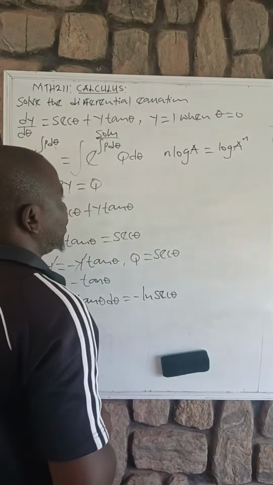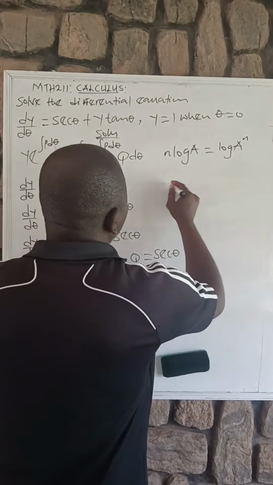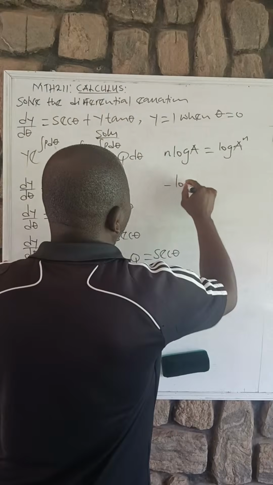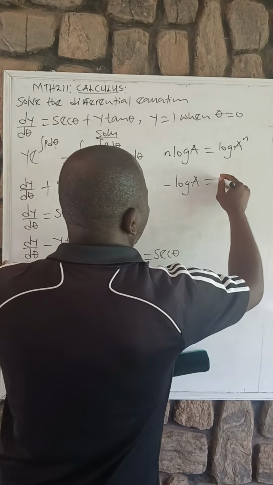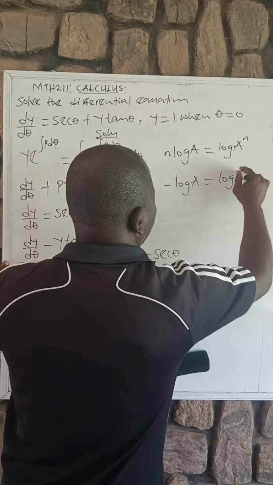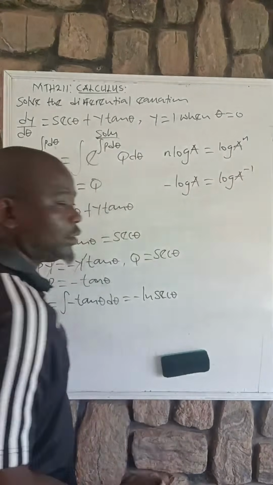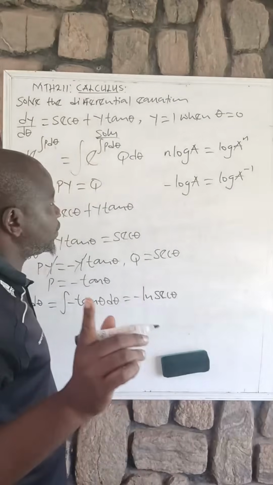True or false? Then, if we have minus log a, we can rewrite it as log a raised to the power of minus what? 1. Take notes because we are going somewhere.